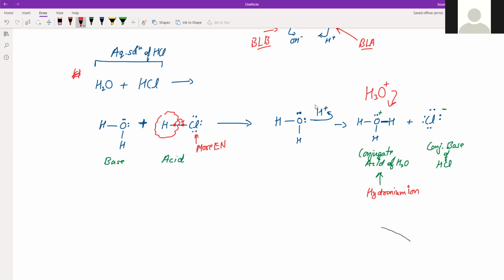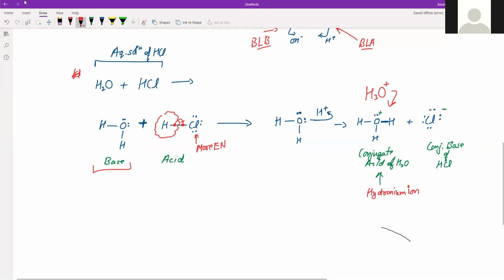Clear? So the molecule or ion that forms when an acid loses its proton is called the conjugate base of that acid, and the reverse of that is called the conjugate acid. So the hydronium ion is a conjugate acid. And see, it was a base here.